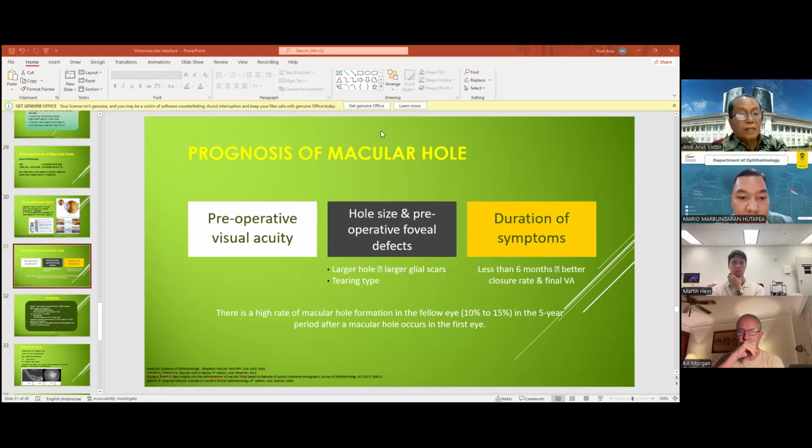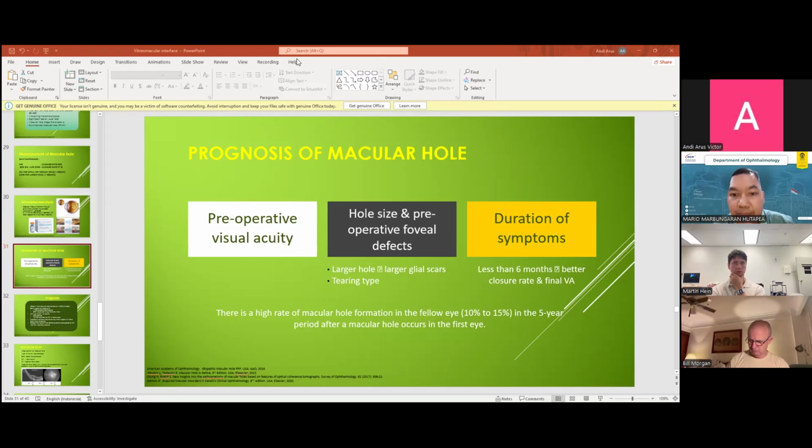Also, we can enlarge the ILM peeling in an effort to close the macular hole. Dr. Kiara or Dr. Sabita, who asked this question.